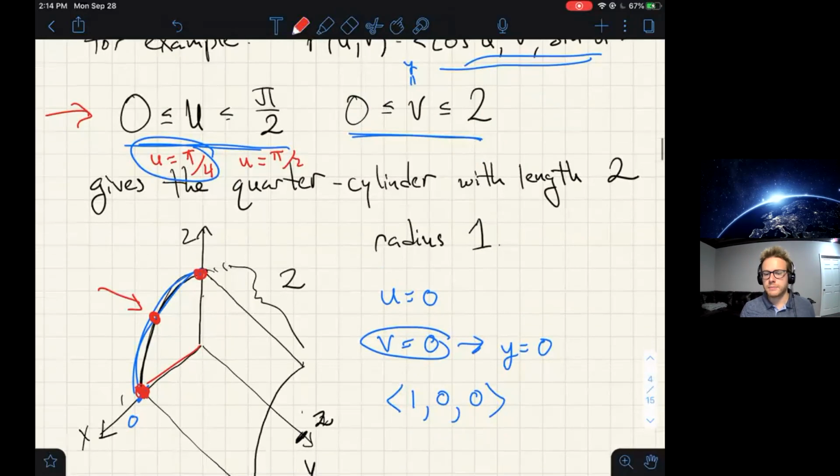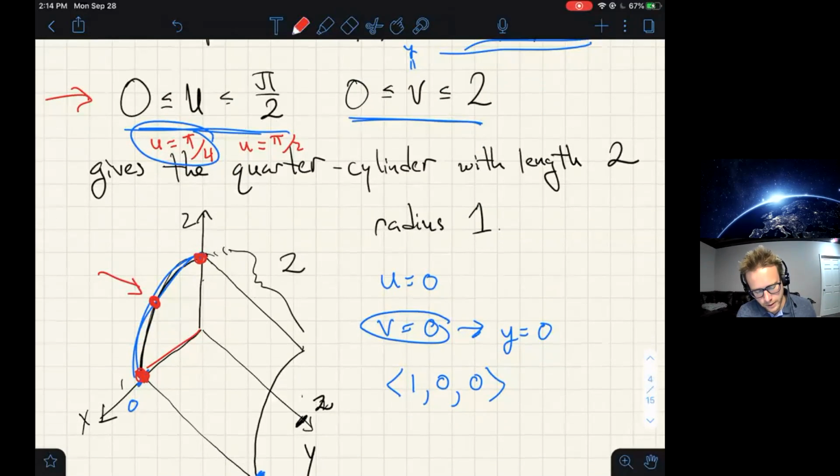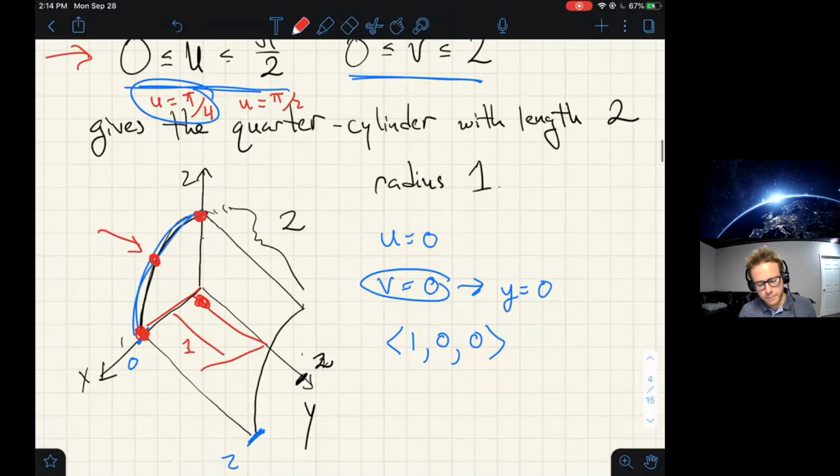But if you decided to plug in V equals 1, then it would still be at this pi over 4 radians here, but now it's been shifted out by y equals 1, or V equals 1. And if I plugged in V equals 2, then it would be all the way here at this boundary over here.